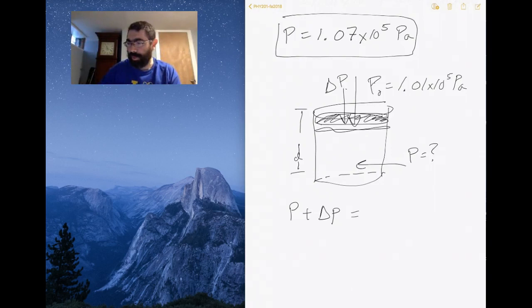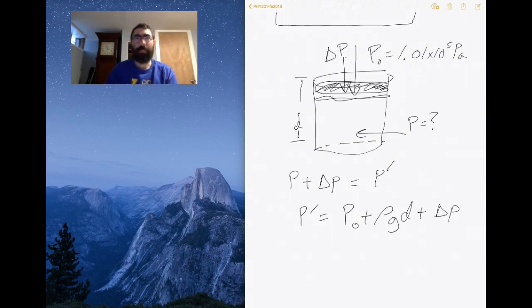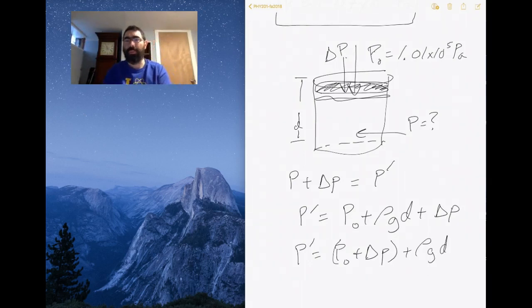So I'm going to call that P prime. And then P prime would just be P, which is the atmospheric pressure, plus the density times g times the depth, plus an extra delta P, which you could group together as the atmospheric pressure plus the extra pressure that you put on the lid, plus the pressure you get from the weight of the fluid.